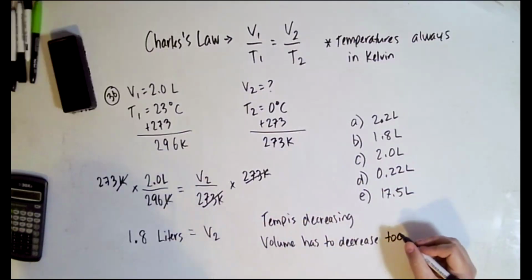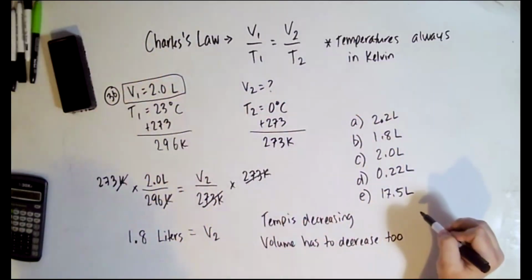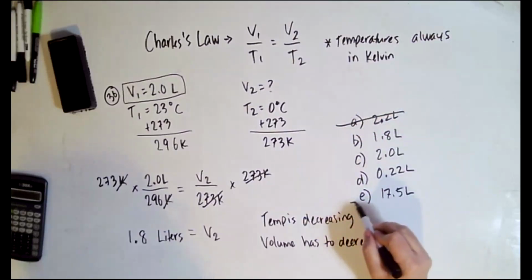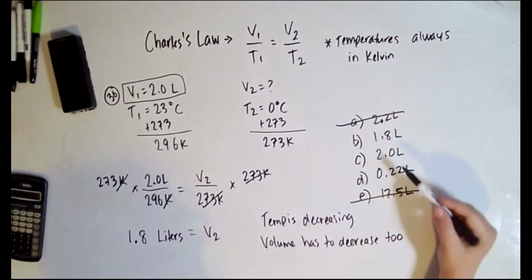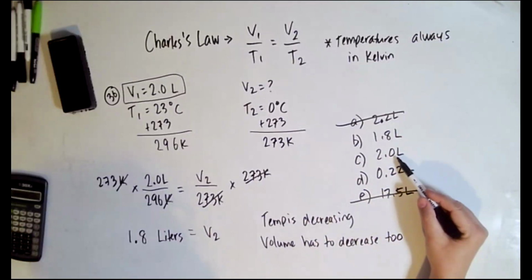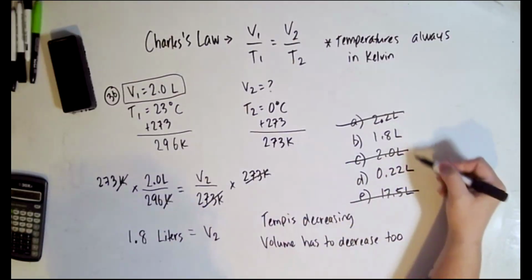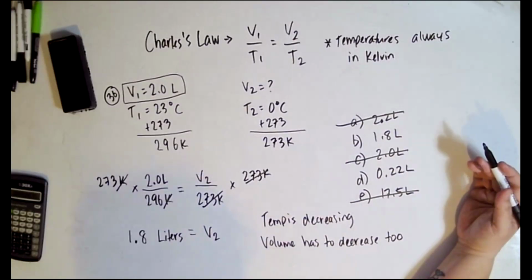So if our original volume is 2 liters, then when we look at these answer choices, any answer choice that is bigger than 2 liters, we automatically get rid of it. Any answer choice that's the same as what we started with, we have to get rid of as well because our volume has to get lower. So these would be the only answer choices that we could even pick in this scenario.